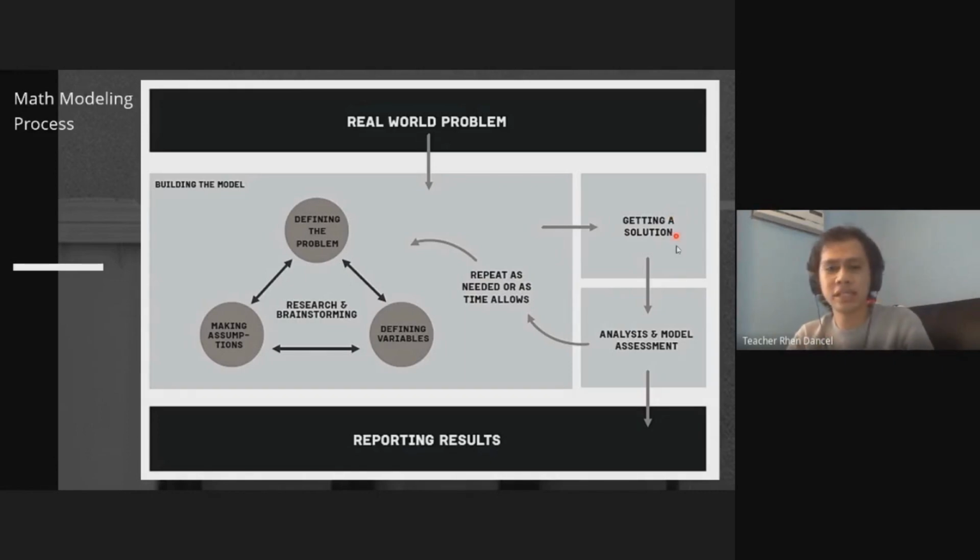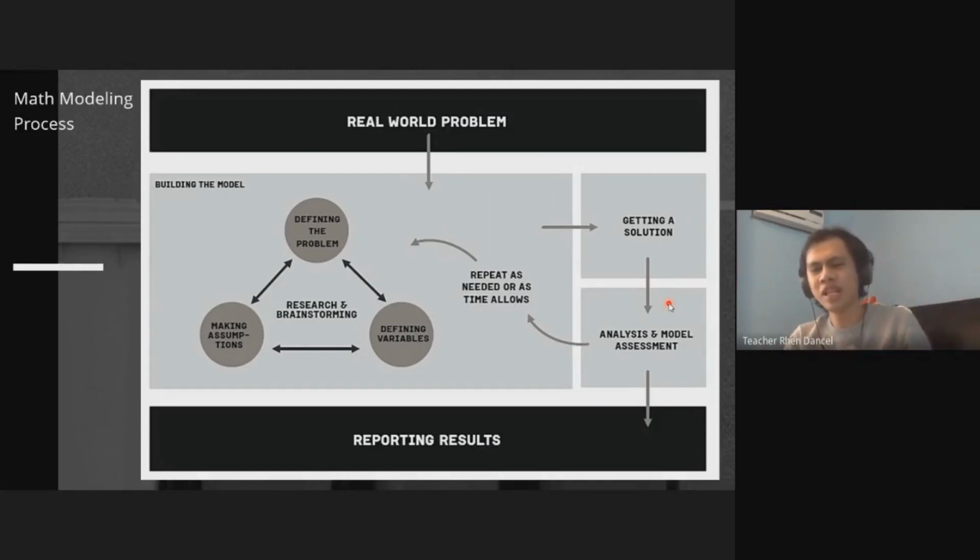And then next is analysis and model assessment. Not because you're able to create a model, you'll stop there. You need to, again, step back. Try to look at the picture. How is our model? Is it good enough? Is it applicable to different scenarios? Can we use it to this community? So we ask ourselves reflective questions about the model.